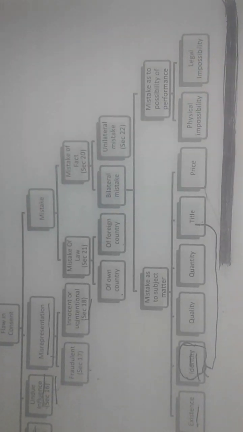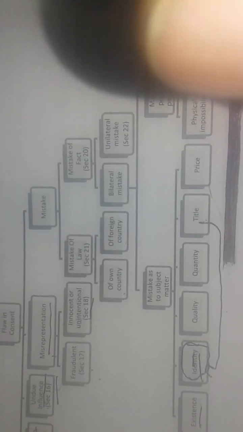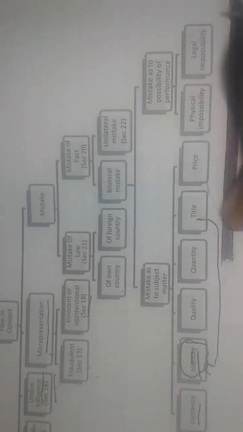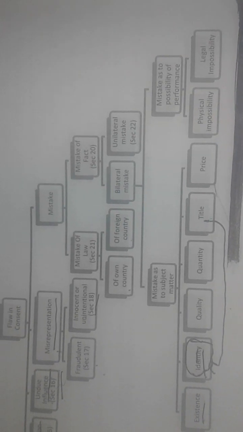This is the price mistake, which says that there might be a price mistake on the side of both parties, and this has to be resolved by both parties equally, or it might be resolved by the courts if there is any dispute in the agreement, right?